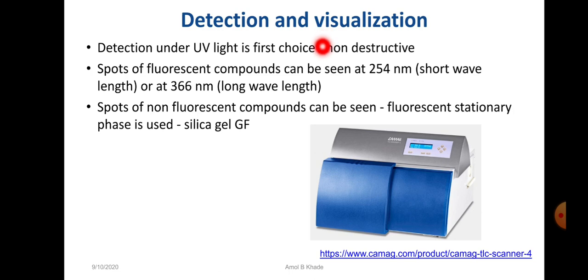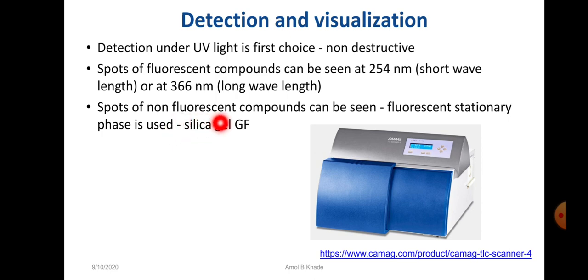We can recover the sample if we require. And the spots can also be detected under fluorescence. Usually we prefer two wavelengths. One is at 254 nanometer, which is considered a short wavelength, and the other is at 366 nanometer, which is considered a longer wavelength.